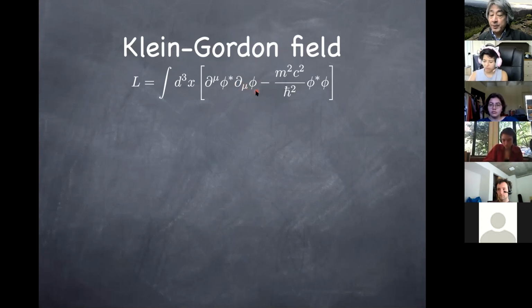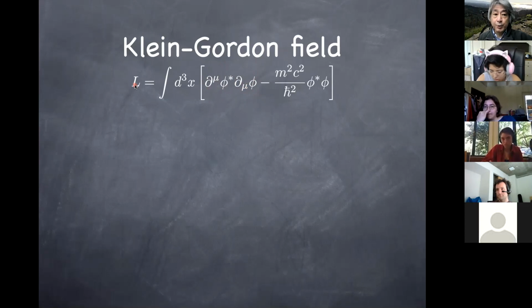But once you have this del mu phi, which has this index mu, you can immediately build a Lorentz invariant by putting it together with the derivative upstairs, obtained by flipping the signs of the spatial components. Then this del mu phi star del mu phi is Lorentz invariant. And so that qualifies as the integrand of the Lagrangian.